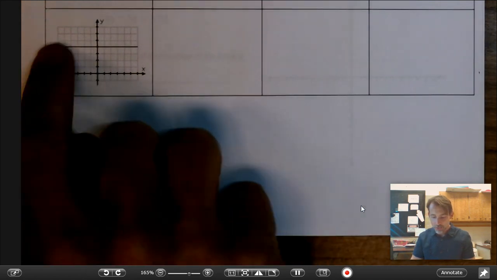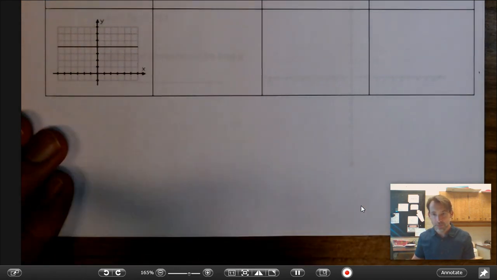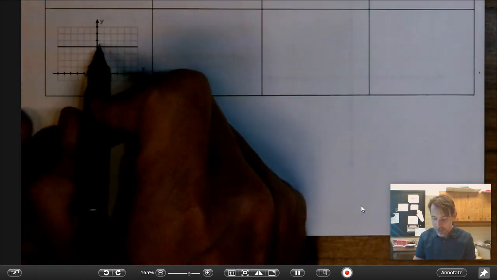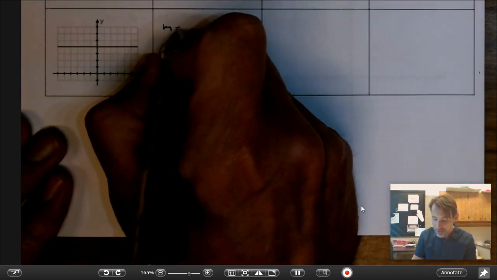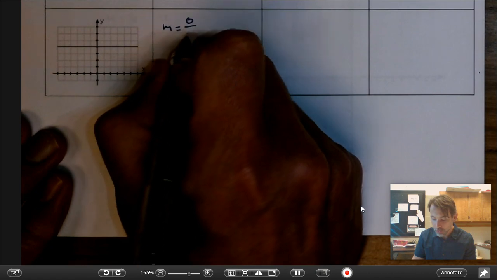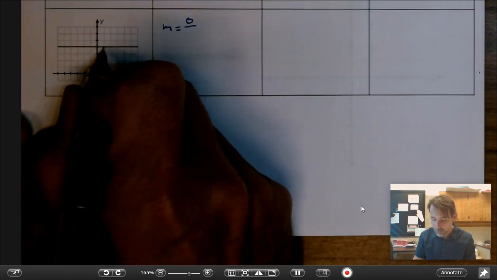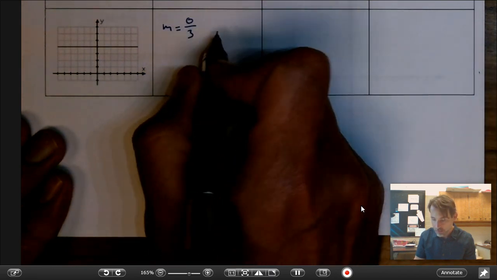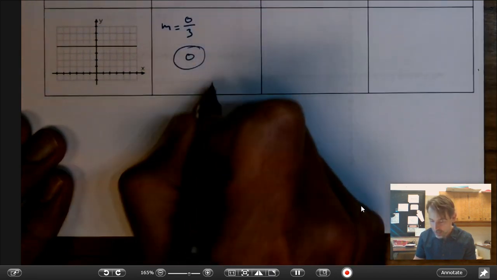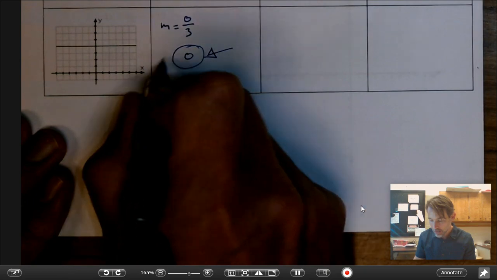All right. What's the slope of this line? Well, slope is rise over run, right? How much does this line rise? It doesn't, okay? So m is equal to 0 over whatever I choose, 0 over 1, 0 over 2, 0 over 3, it's still all just 0 over whatever. So 0 is the answer. M is equal to 0.